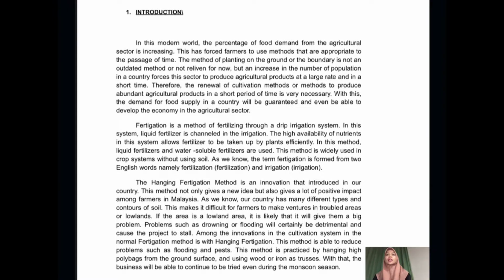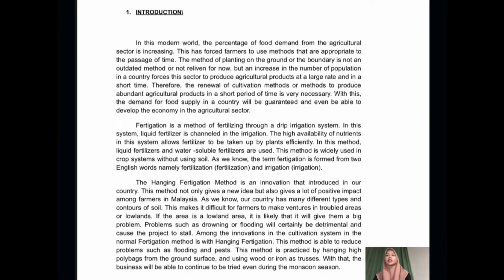The hanging fertigation method is an innovation that was introduced in our country. This method not only gives a new idea but also has a lot of positive impact among farmers in Malaysia. As we know, our country has many different types and contours of soil.